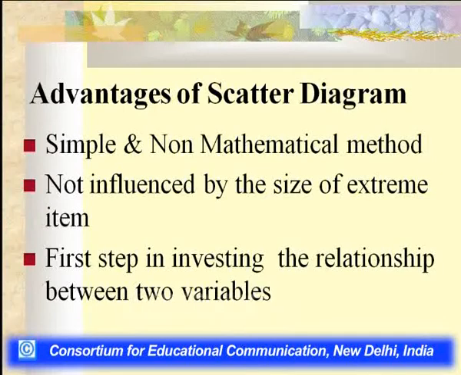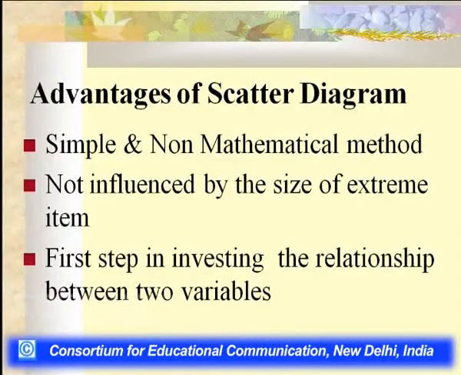Any Tom, Dick and Harry, after looking at the diagrams, can conclude whether the association is increasing or decreasing, or whether we have a moderate, positive or a perfect correlation between the variables or not. Secondly, it is not influenced by the size of extreme items, because they are plotted on a graph, and the graph shows the association of the two variables X and Y. The first step is investigating the relationship between the two variables. So this is the advantage of the diagram.